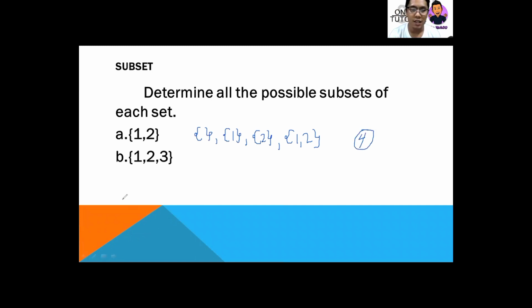Next, for {1, 2, 3}, we can also have the null set. Then {1}, then {2} is also a subset, and also {3}.